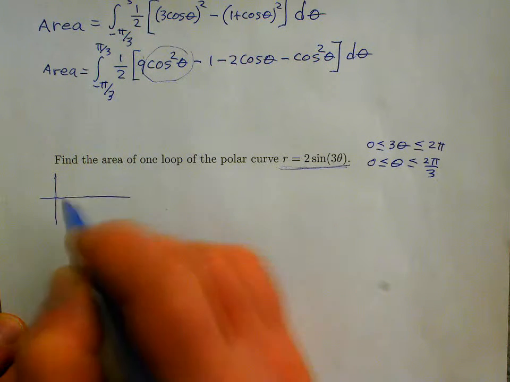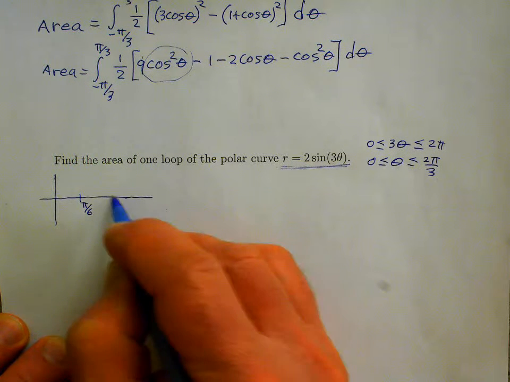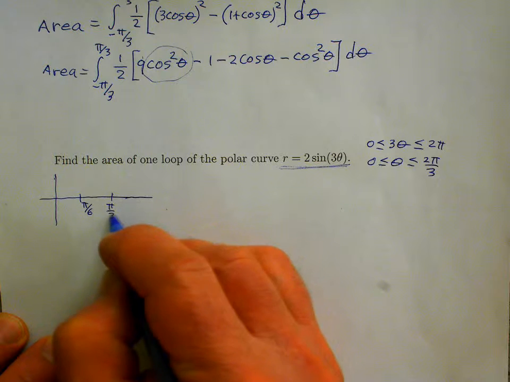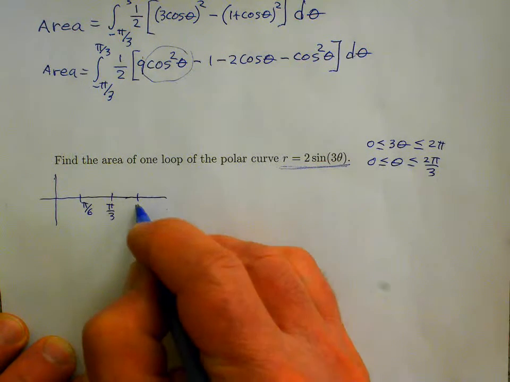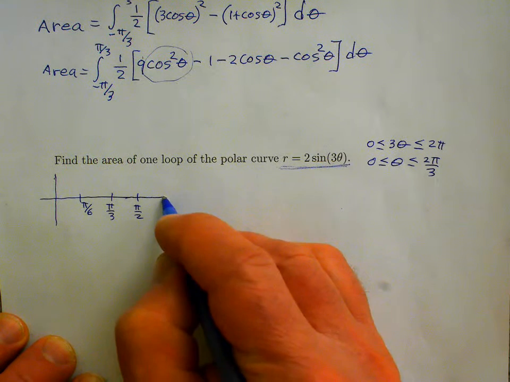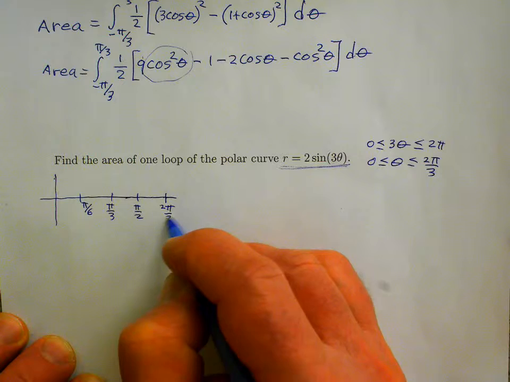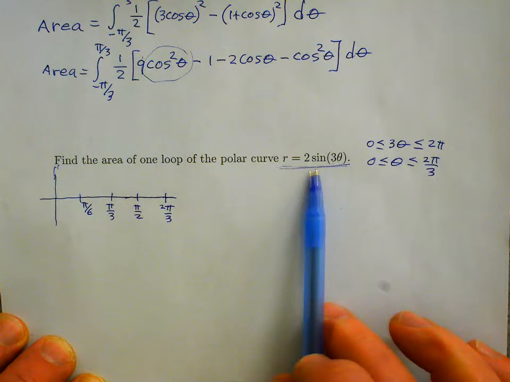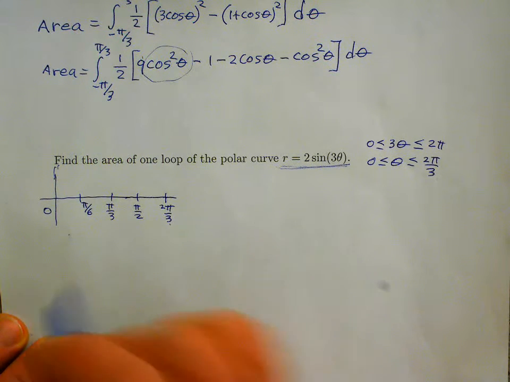So I'll mark those off. Pi over 6, 2 pi over 6, which is just pi over 3. 3 pi over 6 is pi over 2. And 4 pi over 6 is 2 pi over 3. So I'll get one period of this graph between 0 and 2 pi over 3.